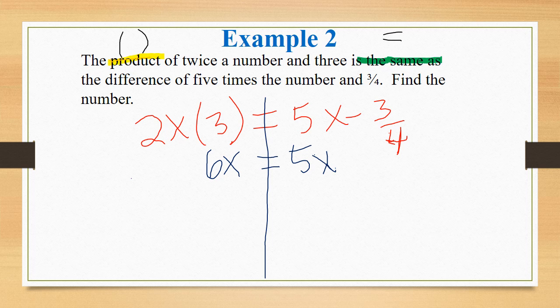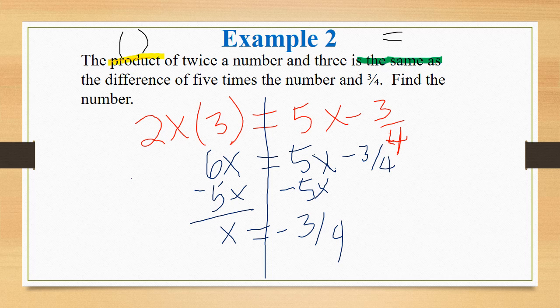Bring down my right side because I didn't have to affect it. Okay, I'm going to move my smallest variable. So I'm going to subtract 5x. That gives me x equals negative 3/4. This was the other option.